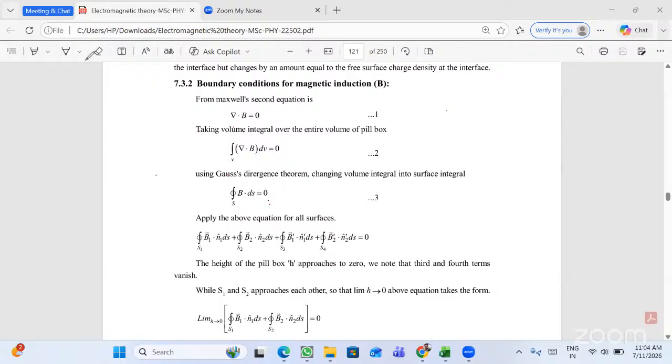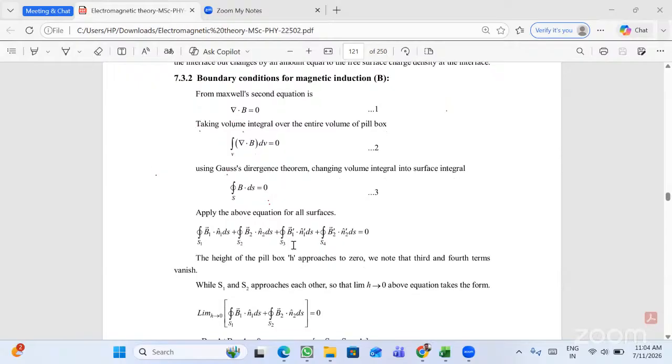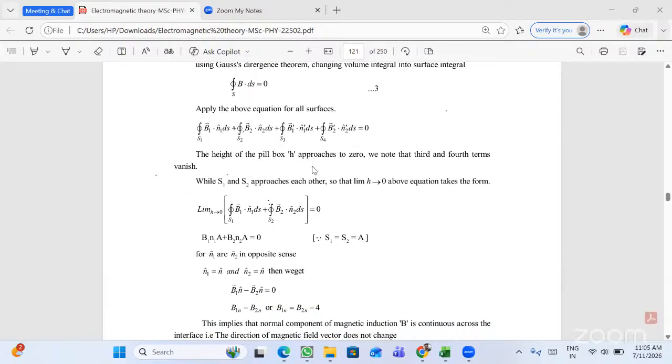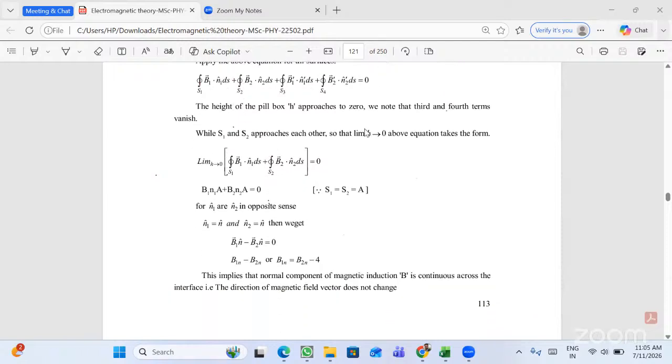Now again, by taking the pillbox, we apply it for the surfaces as we applied previously. Again, the height h of the pillbox is infinitesimally small, tending towards 0. So the third and fourth terms are going to be 0, and the RHS anyhow is 0.